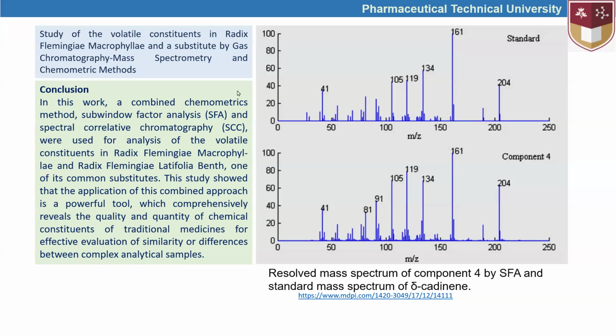So the authors combined two methods in this work: gas chromatography-mass spectrometry and chemometric methods. By combining those kinds of methods, it could be possible to obtain more data and interpret the results with, let's say, higher clarity. Okay.